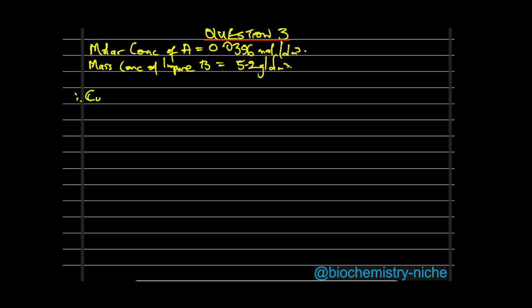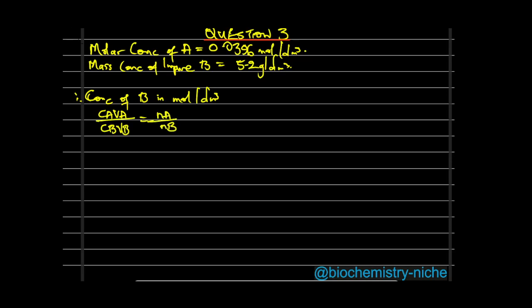Concentration of B in moles per dm cube. So we are using this formula: CAVA over CBVB equals NA over NB.